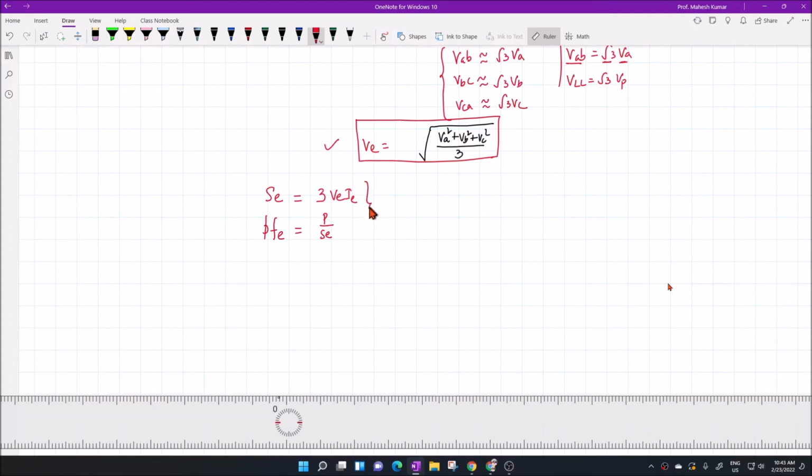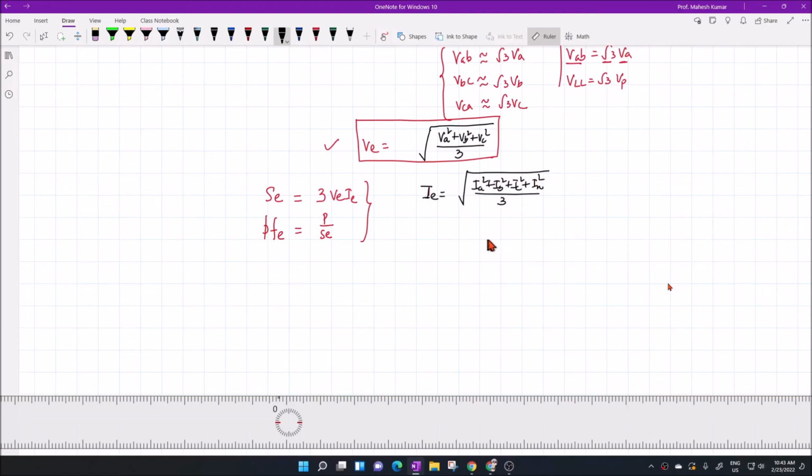In this particular example that we have considered, what is IE? As per definition, IE is the square root of IA square plus IB square plus IC square plus IN square, divided by 3.